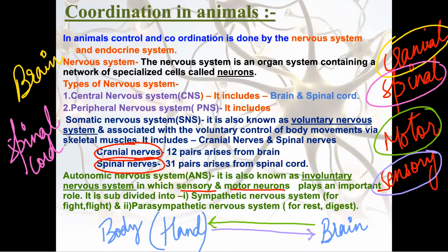And how many pairs of spinal nerves are there? There are a total of 34. Sorry, not 34, 31 pairs of spinal nerves arise, and there are a total of 12 pairs of cranial nerves that arise from the brain.